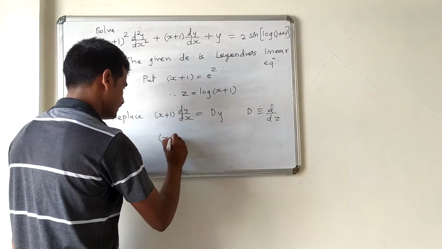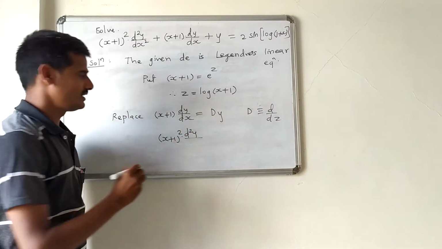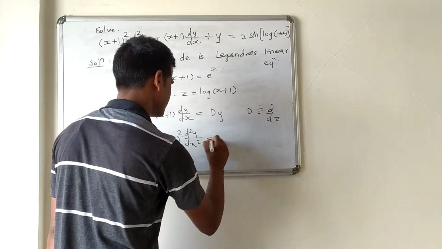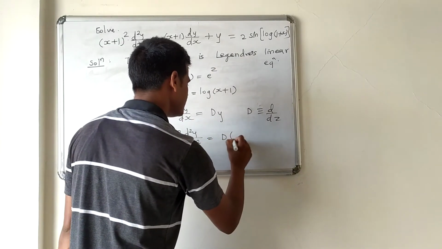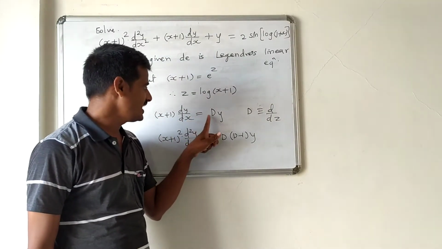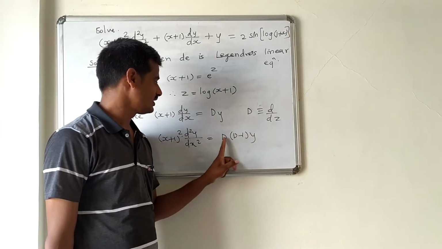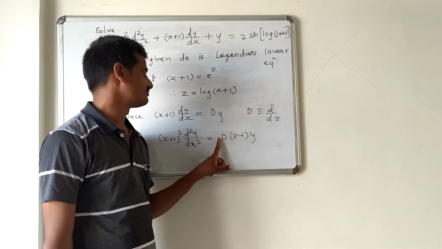And one more replacement: (x plus 1) whole square into d square y by dx square is equal to D into (D minus 1) into y. In fact, the replacement is a square into D(D minus 1) y, but a is 1 here.